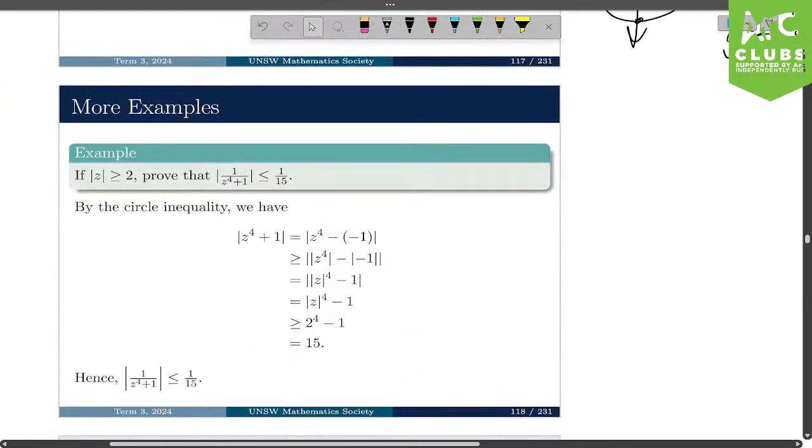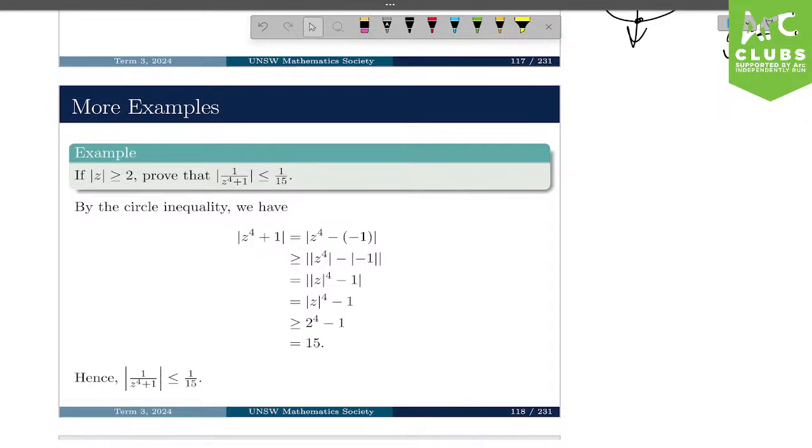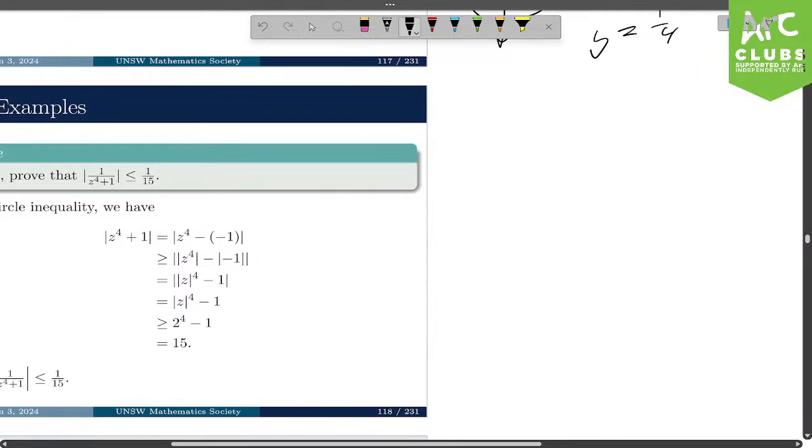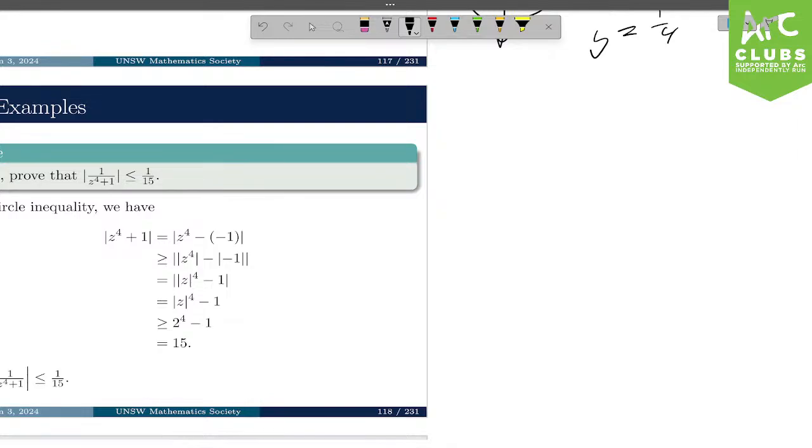Anyways, one more example. It's just going to be using our inequalities, okay? Just so we, once again, gain a little bit of intuition. When we're given that the magnitude of z is greater than or equal to 2, and we need to prove something about z being on the denominator, the easiest thing to do is look at which direction we need to prove from. We're proving that our value is smaller, therefore the denominator must be bigger, okay?